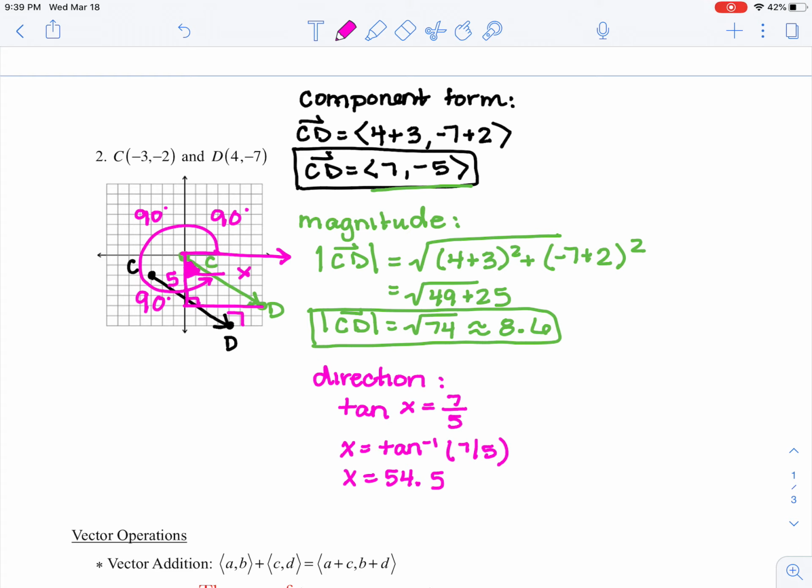So the direction for this vector is 90 plus 90 plus 90 plus 54.5 for a total of 324.5 degrees.